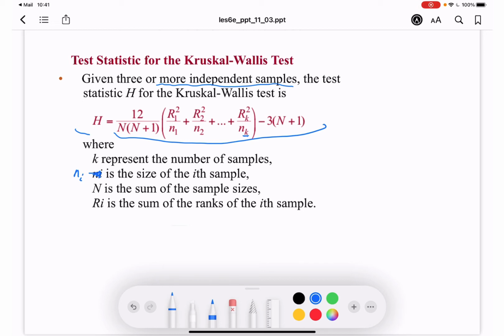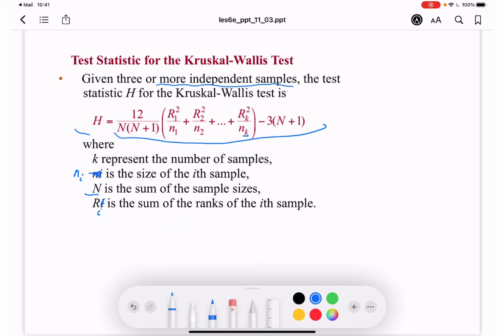So it could be n1, n2, or n3. Uppercase N is the sum of sample sizes. And R sub i is the sum of ranks of the ith sample.